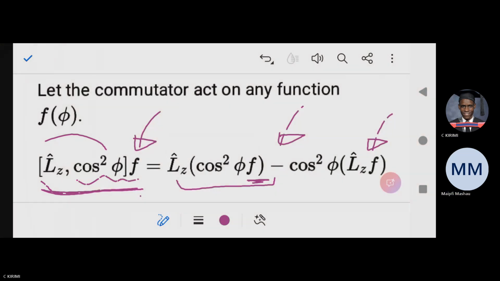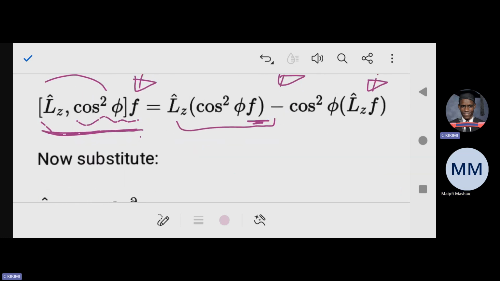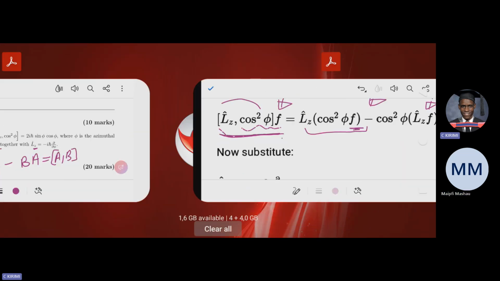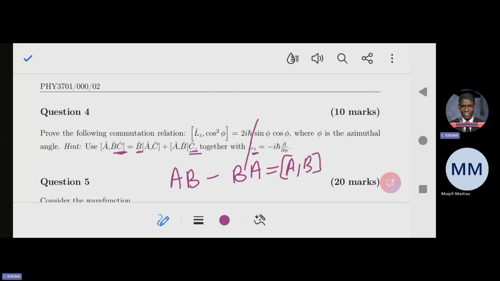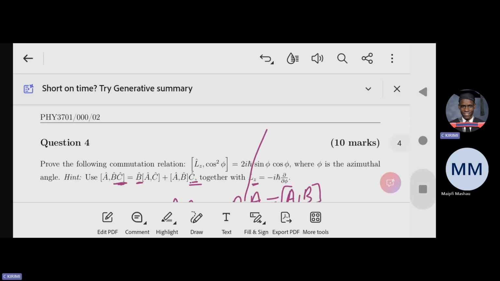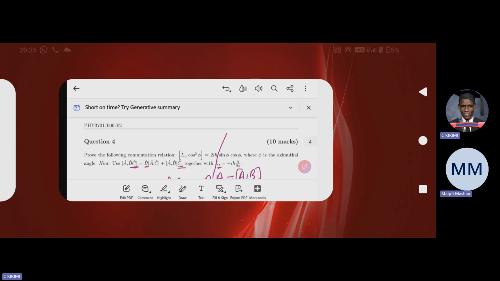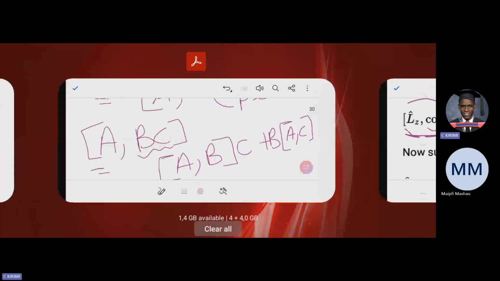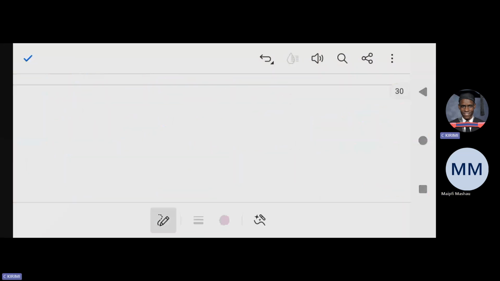So the commutation, is it always like this, or does it depend on the hint that they give you? No, the commutation rule does not change. Here we are just saying, if it's a commutation, like here I've told you the commutation of A and B, then there's a commutation relation which is described in the question.